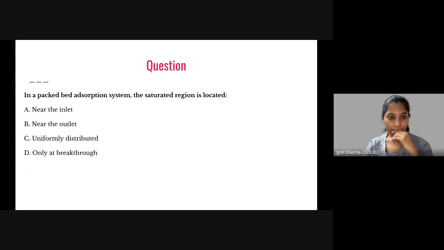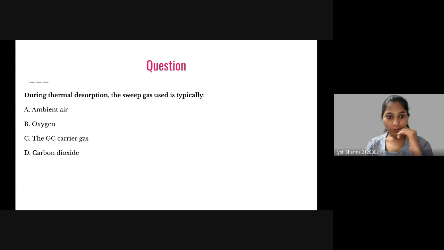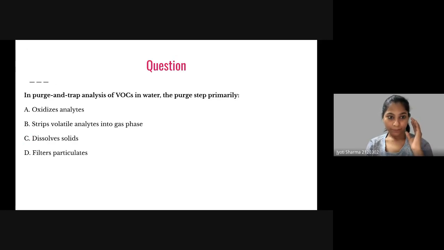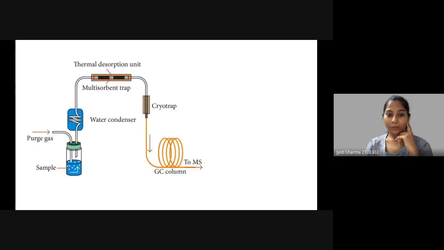We need to talk a lot about thermal desorption. So there is one question about purge. In purge and trap analysis of VOC in water, the purge step primarily strips volatile analyte into the gas phase.